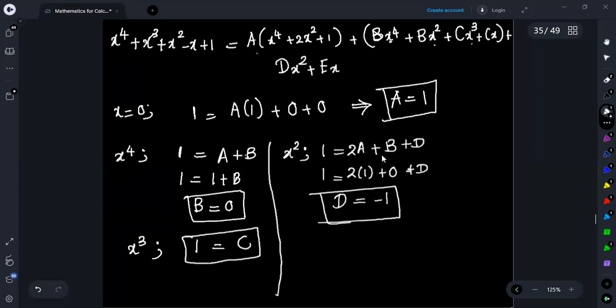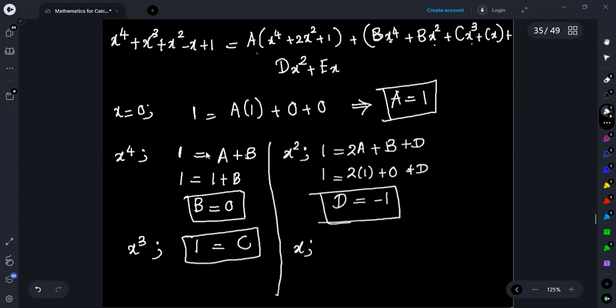So we have already found the answer for A, B, C, and D. And E is remaining. To find it, we can consider the coefficient of x, or else since we already know the values of 4 coefficients, you can just substitute some value for x and obtain the answer for E as well.